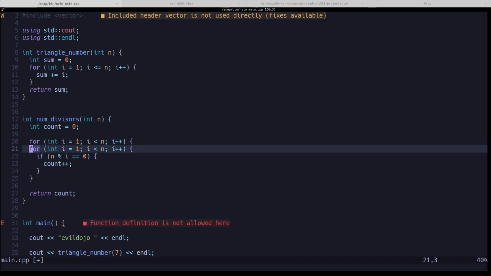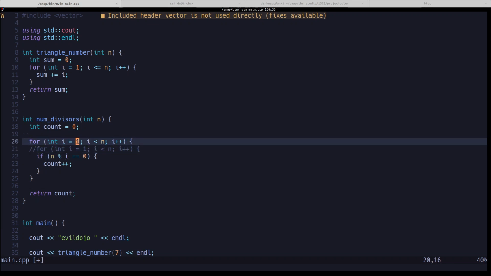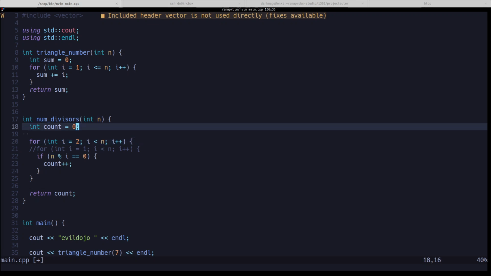If we wanted to be clever about this, we start from 2, and we could still go to n because it would never hit n. The count would start at 2 already because that would already include 1 and n.